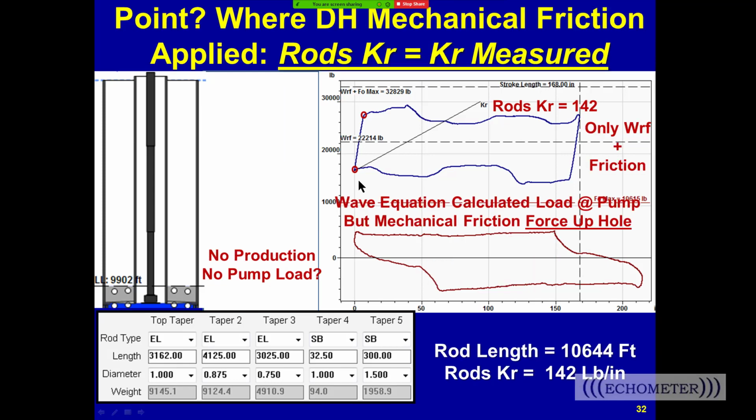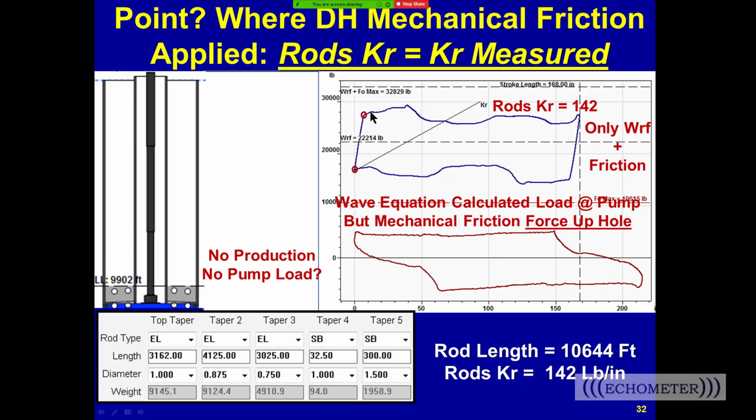And so there's no production at surface, and we're going to try to figure this out by removing the rods from the bottom of the rod string toward the surface, and we're going to see how this spring constant changes as we have less and less rods being stretched. And once we get the correct amount of rods attached to the load cell, this rod stretch line will match the stretch of the rods that we measured in the well.